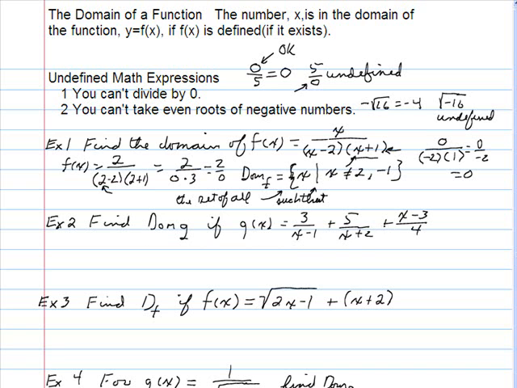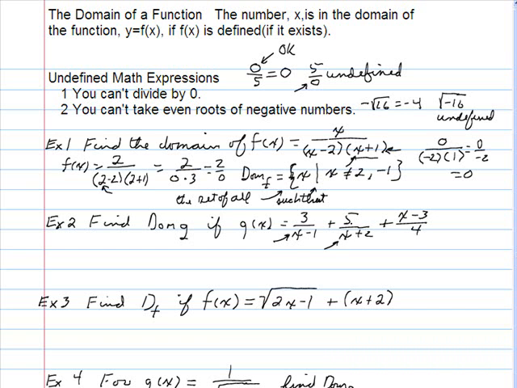If any part of an expression, and this is an expression of three terms separated by plus signs, is undefined, the expression is undefined. So in particular, I cannot let x be 1, because if x was 1, this first term would be undefined because I'd have 3 over 1 minus 1, which puts a 0 on the bottom. Also, x cannot be negative 2.